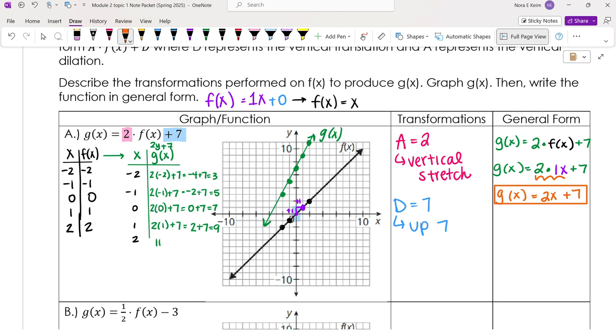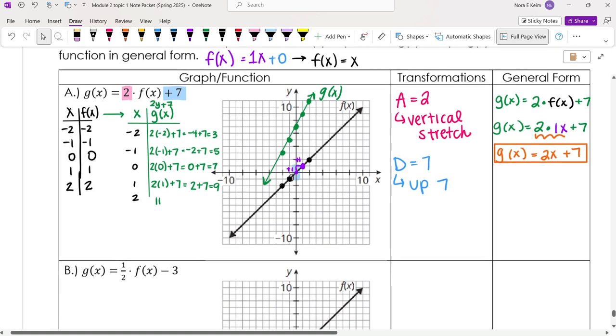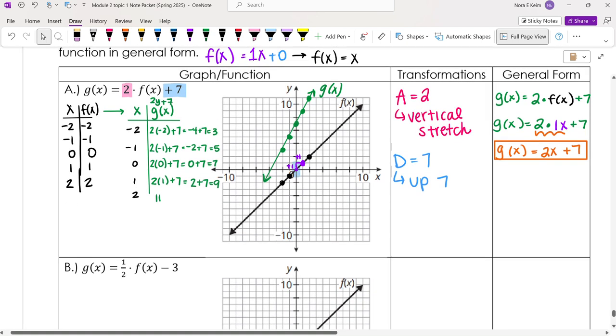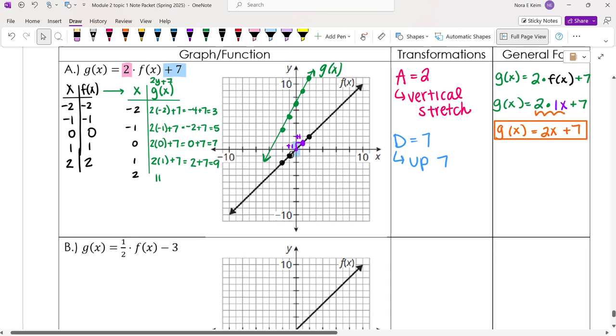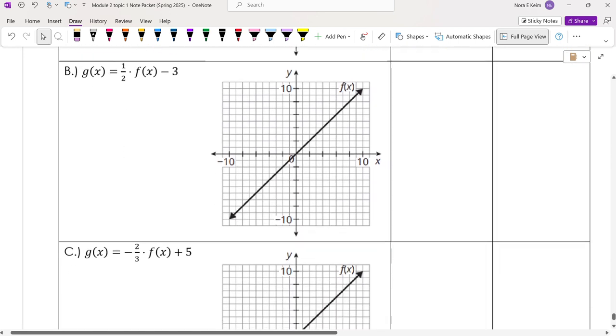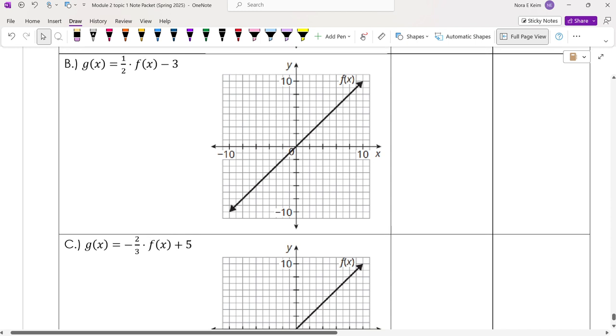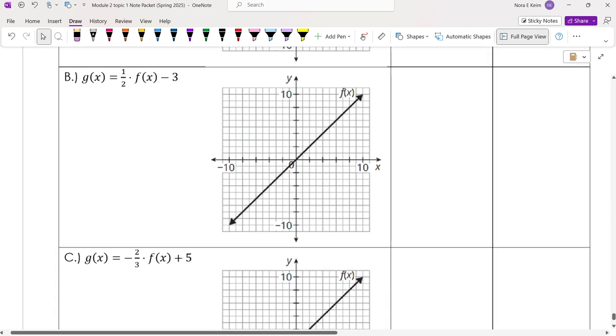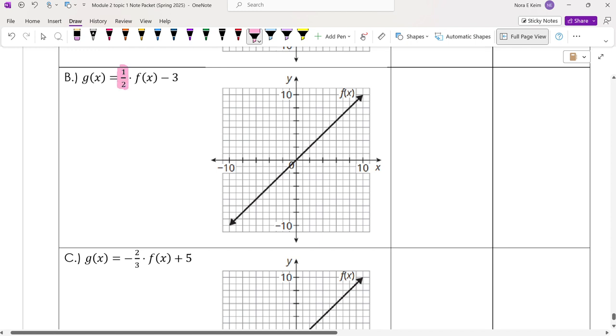Okay, so the table can be helpful, but the table is a lot of work. So let's forego the table on these next few problems and just talk about the transformations in the general form. So here we go. This 1/2 is my a value because it's being multiplied.